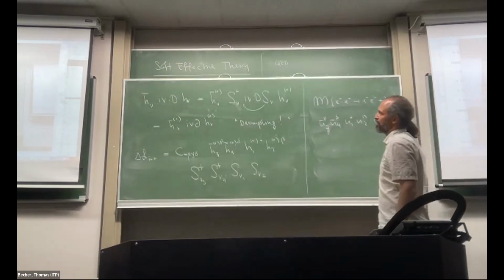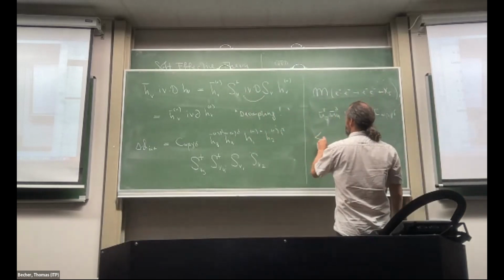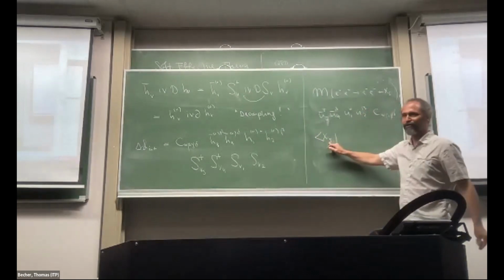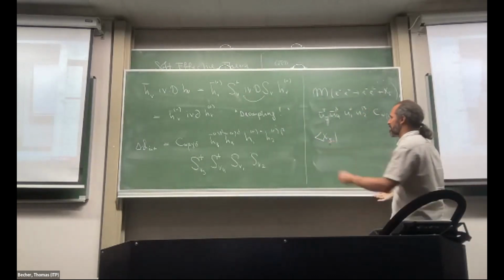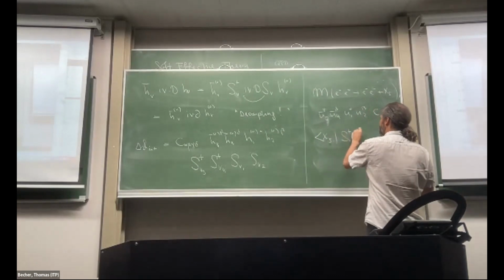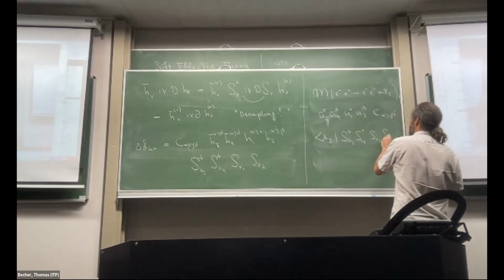And then I have these Wilson lines and the soft photons. So there's a matrix element where I have 10,000 soft photons sitting in the final state, and then S_v1, S_v3 dagger, S_v4 dagger, S_v1, S_v2.